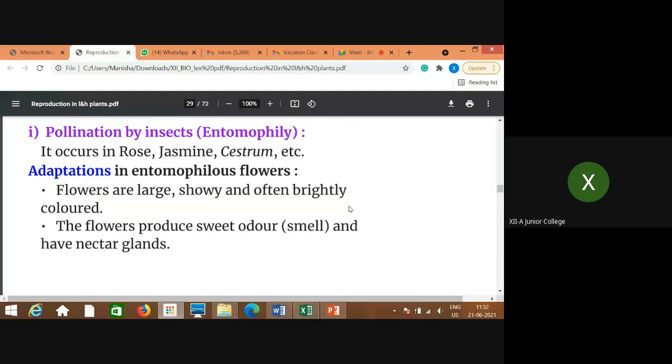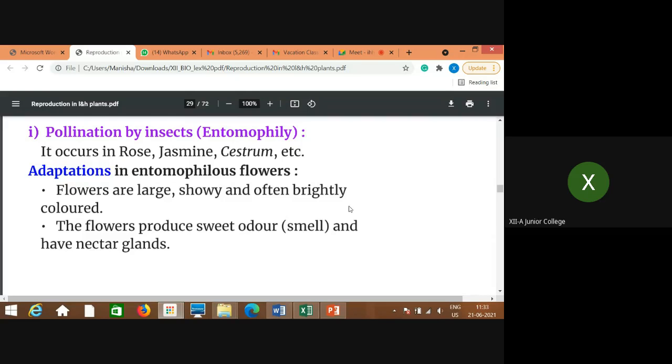Pollination by insects is called entomophily. Entomos means insect. So entomophily means the pollinating agent is an insect. For example, rose and jasmine are some common examples where entomophily is favored.